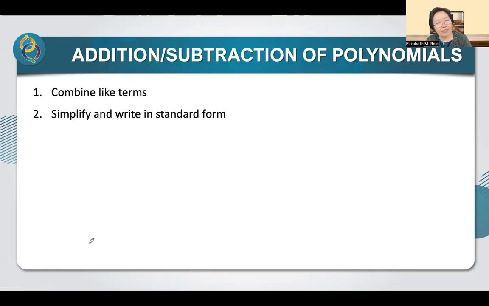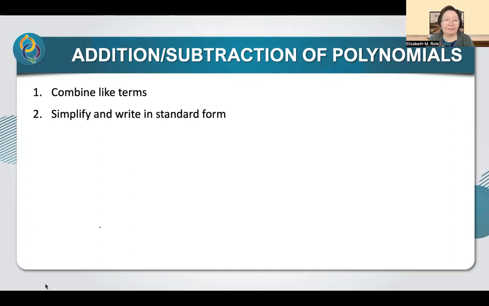You combine like terms, then we simplify and write it in standard form. When I say write it in standard form, always take note that your exponents must be in decreasing order. Always begin with the leading term with the highest power.